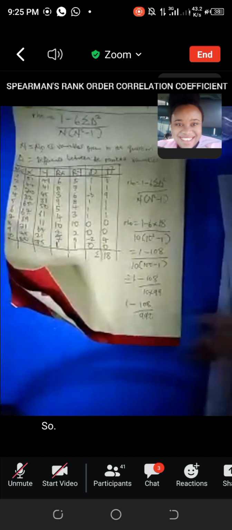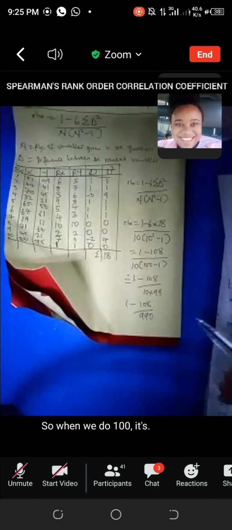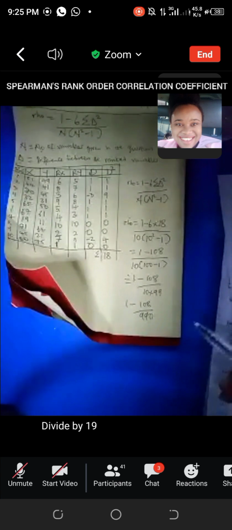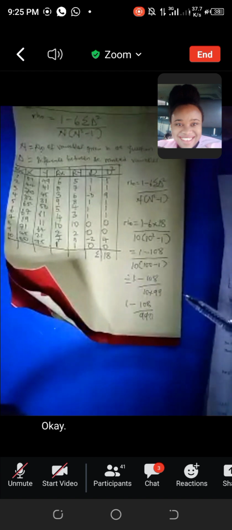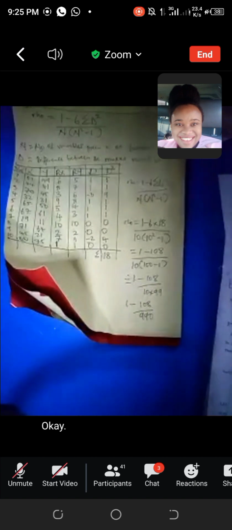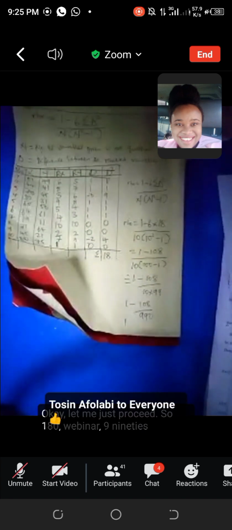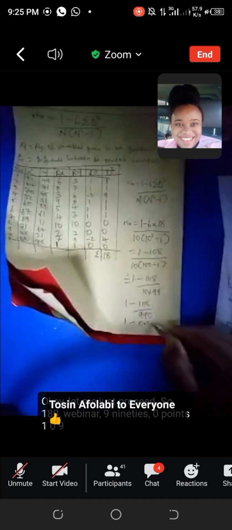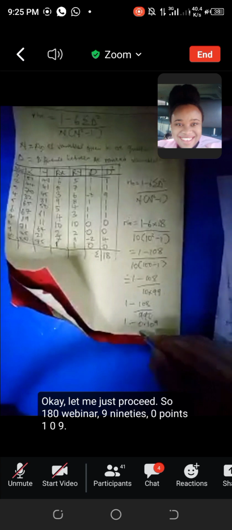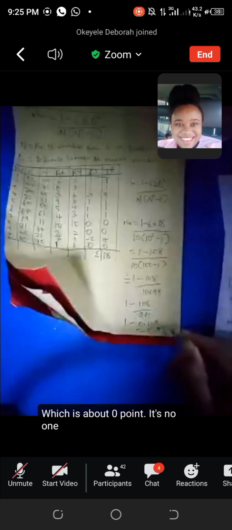So 108 divided by 990 is 0.109, which when subtracted from 1 is equal to 0.891.